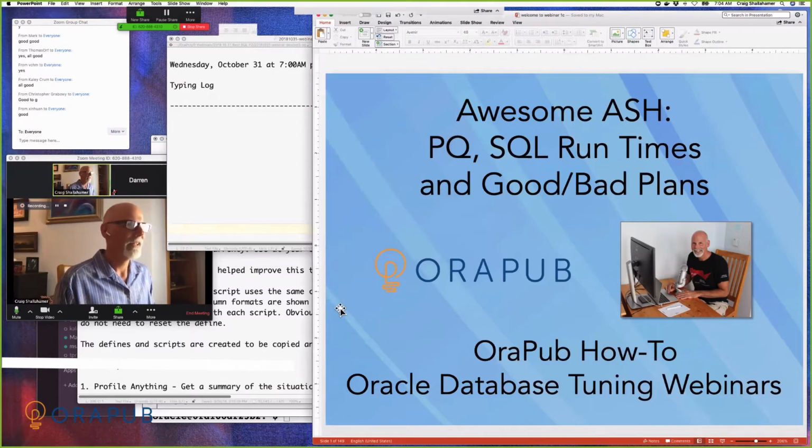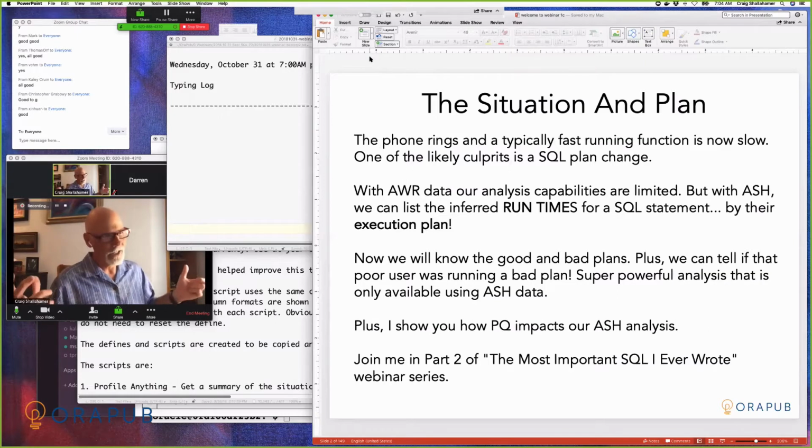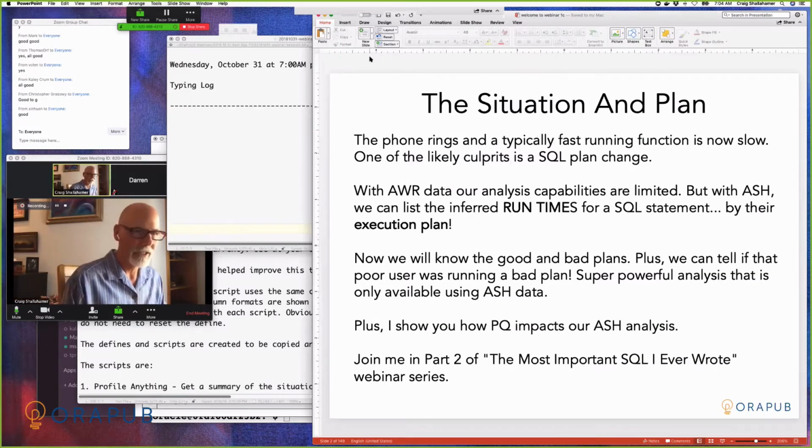So let's get going. So here's the situation, right? The phone rings, typically a fast running SQL statement, it's now slow. So something's different, right? And one of the culprits, and one of the things I always stress with people, while I don't do a lot of SQL tuning stuff on the OraPub membership right now, that is one of the first things you need to check: did the plan change?